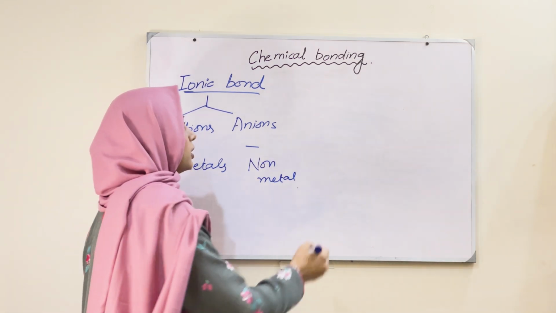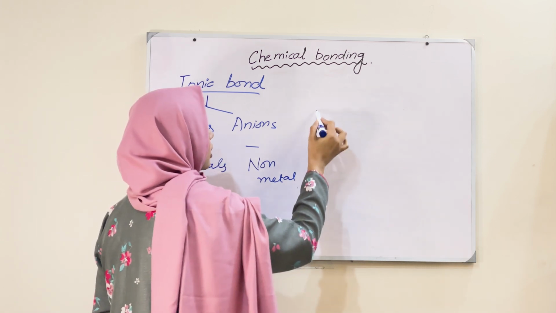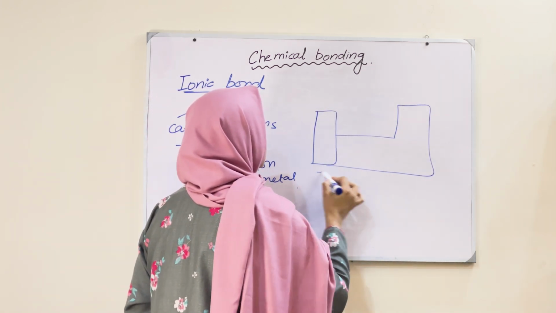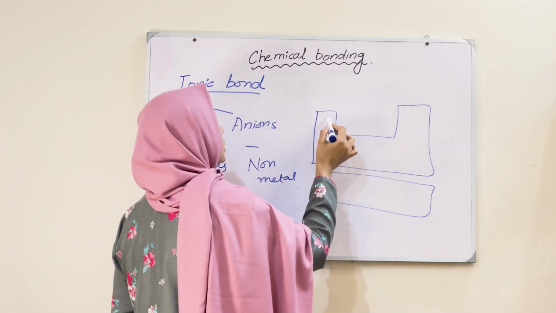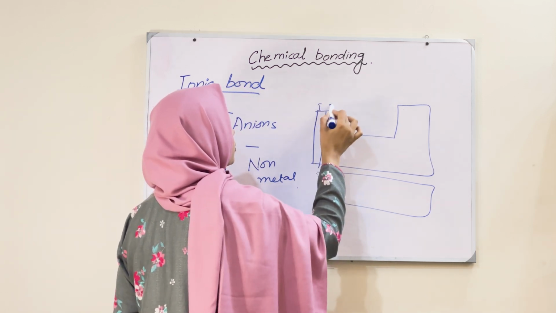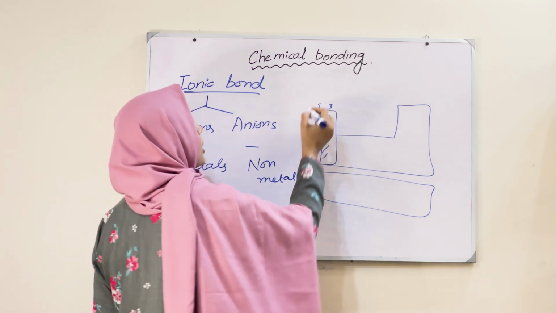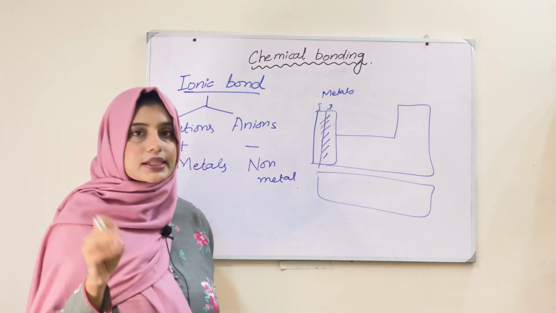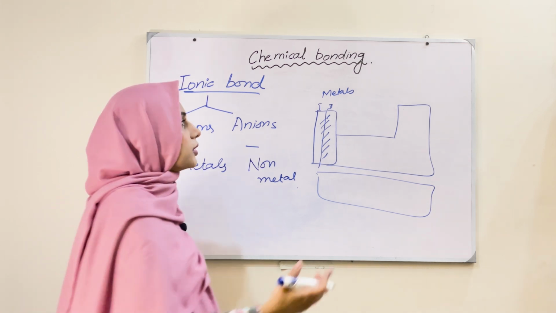This is how the periodic table looks. This side is group 1 and group 2. These are metals, alkali metals and alkaline earth metals.